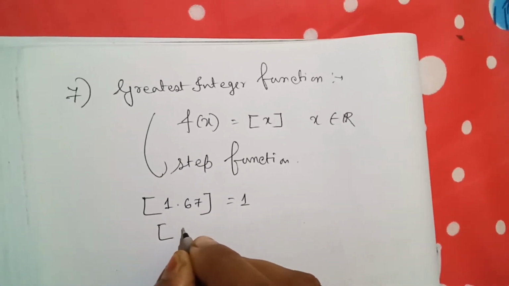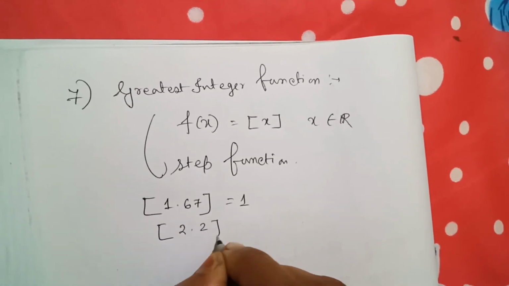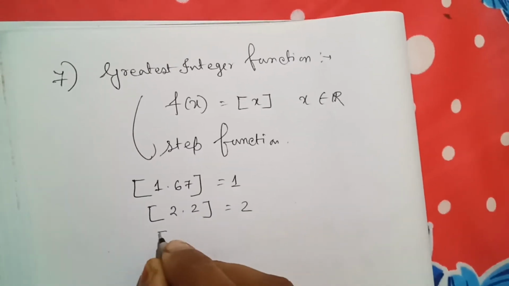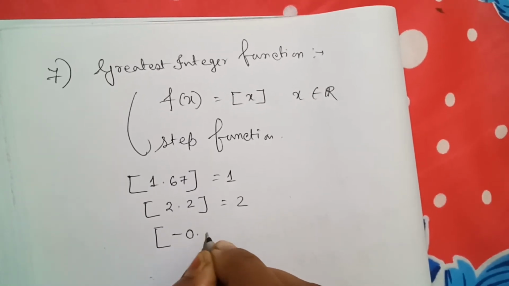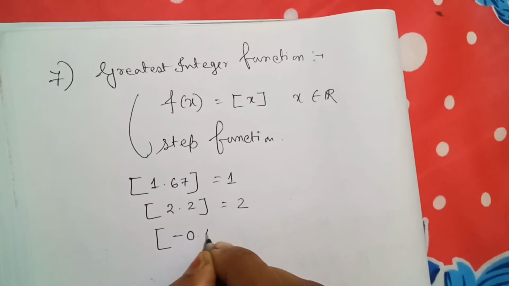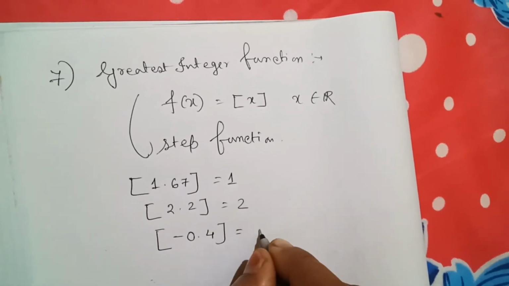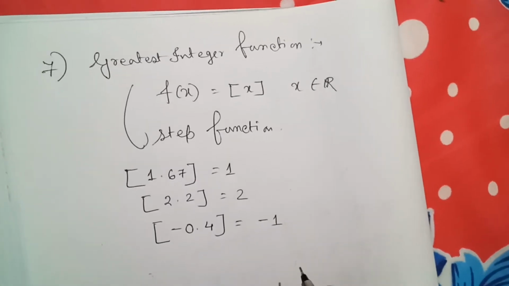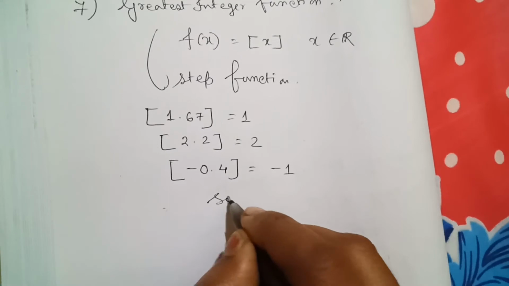Similarly, box 2.2 will be 2. Suppose box minus 0.4. Minus 0.4 will be -1. Okay, so in this way it will go.